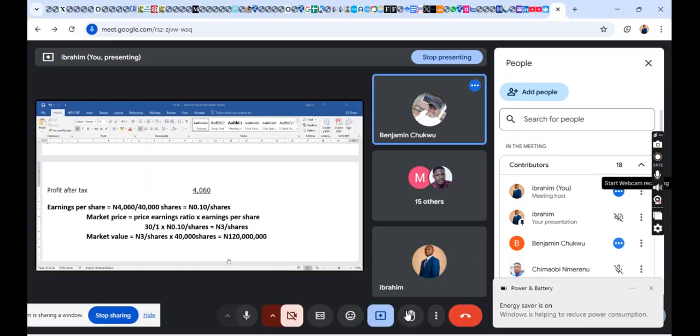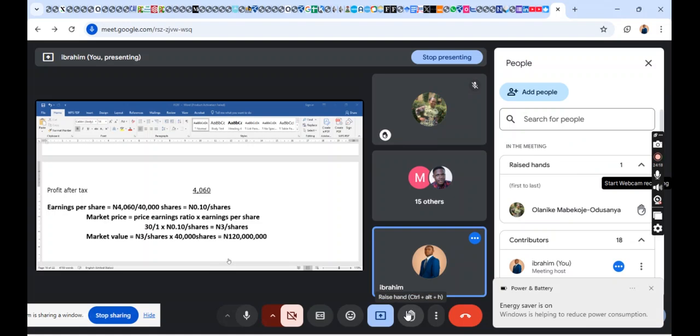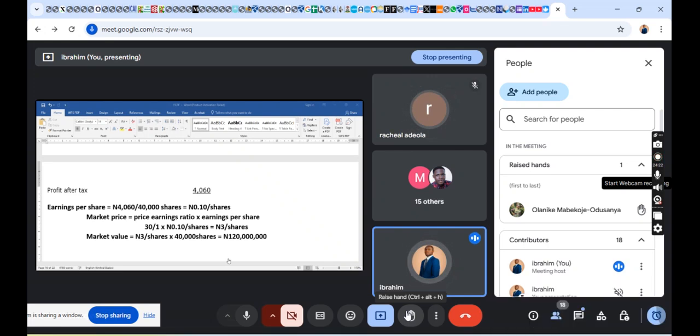Do you know why it's like that? Because we removed the 000. So it's supposed to be 40 million shares. So you can write 120 million naira. That is the value.